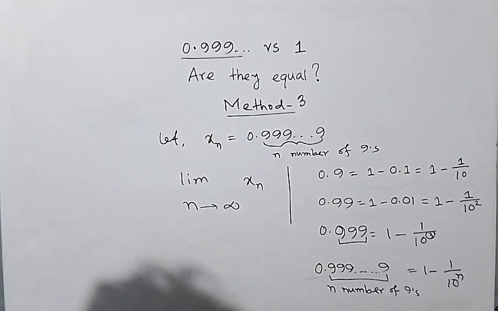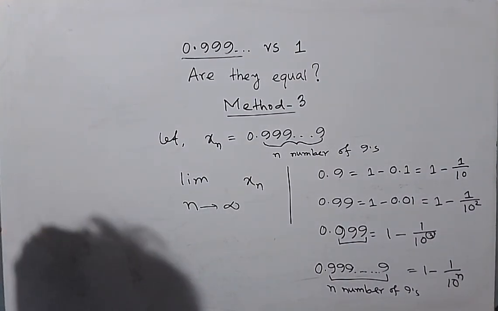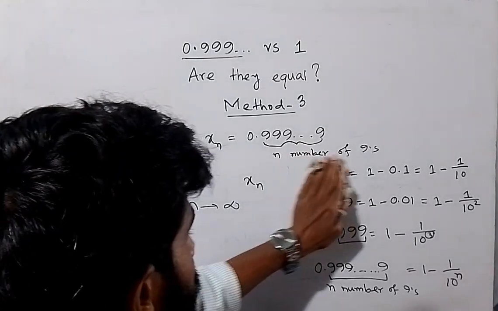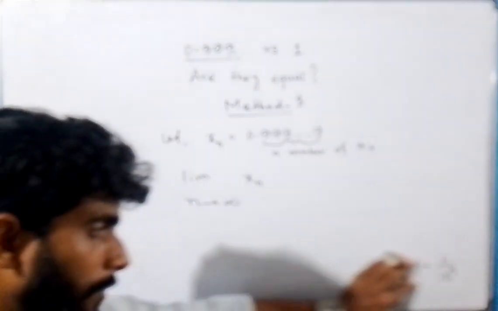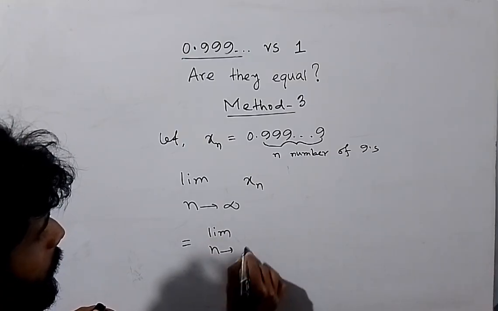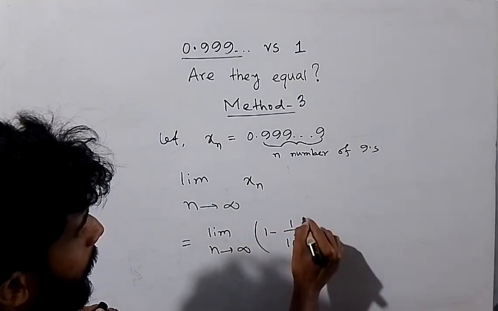So our xn is just 1 minus 1 by 10 to the power n. Now the problem is solved, and it will be solved within 30 seconds.